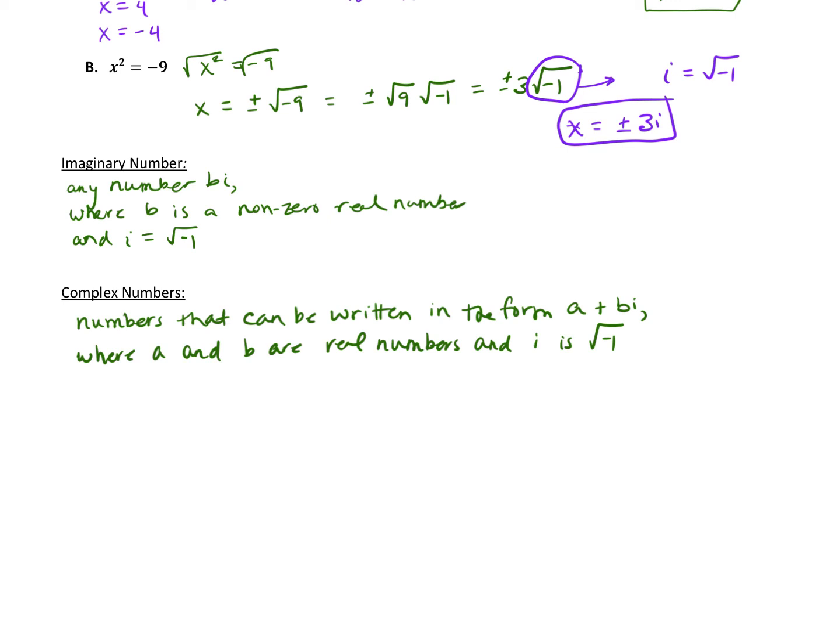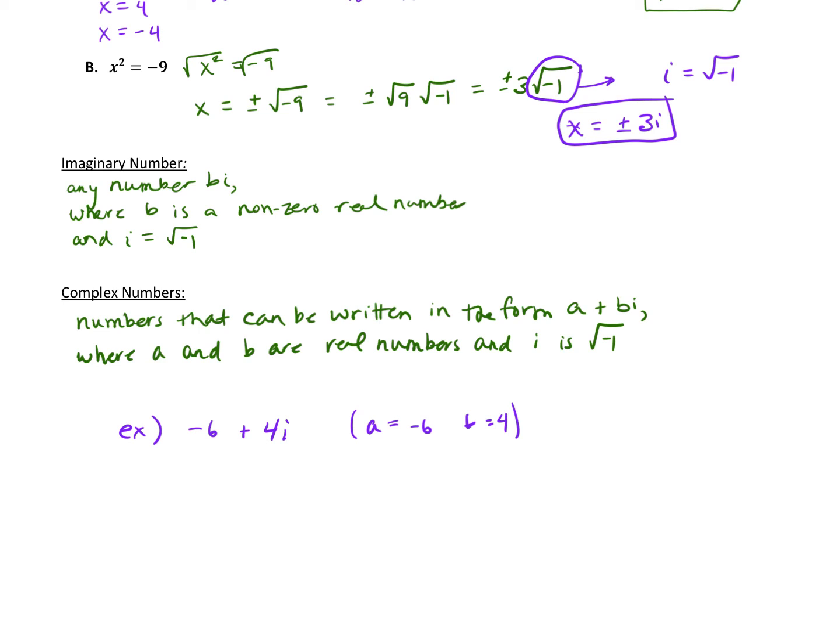So just some examples of complex numbers, so we understand what they look like. Let's see, negative 6 plus 4i. That's a complex number. Our a is equal to negative 6. Our b is equal to 4. Those are the real numbers. And then i is the imaginary part right there.